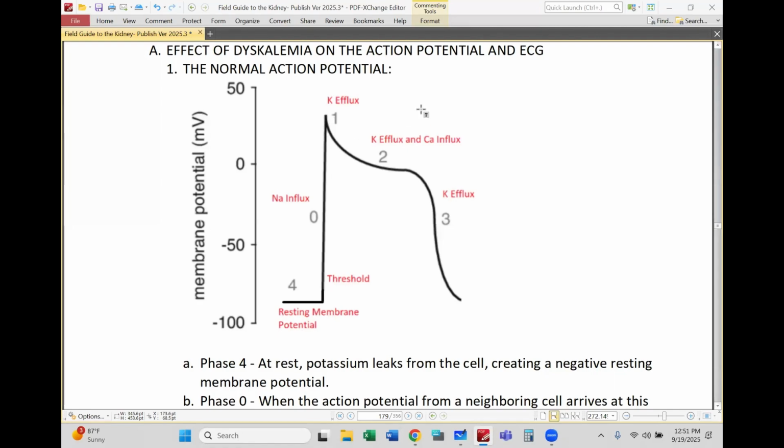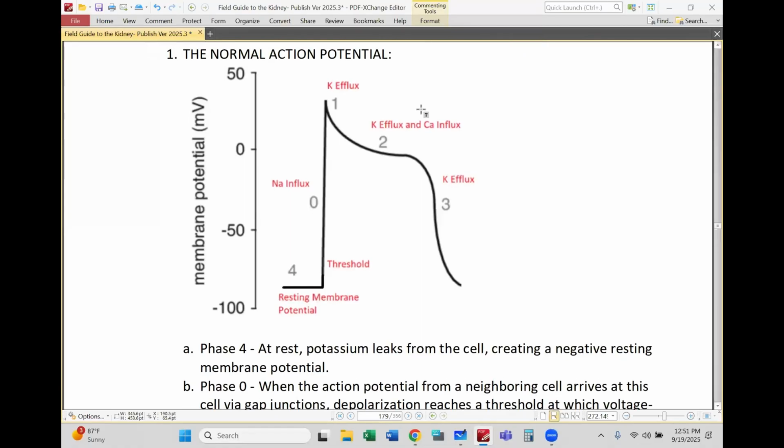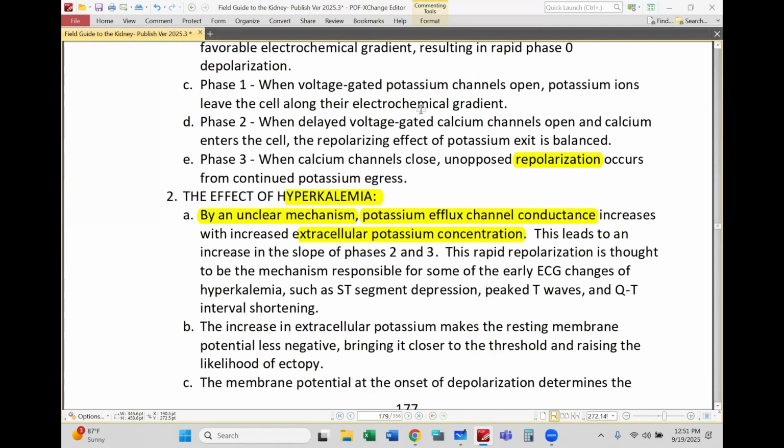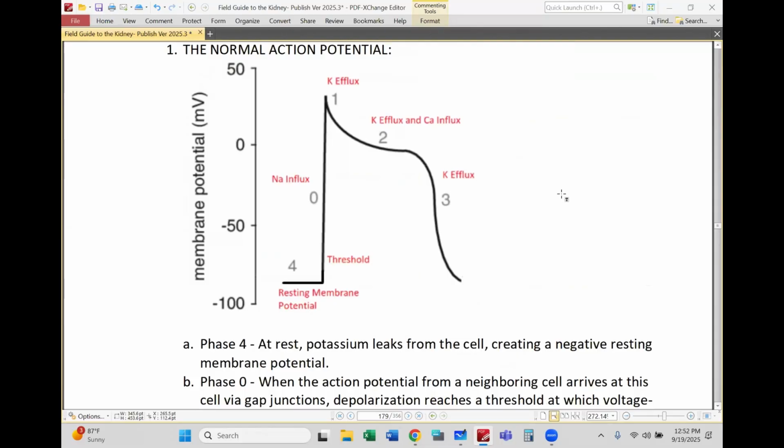So the only way to make this make sense is that the K conductance increases. That increases repolarization. It makes that T wave peak. Because otherwise, an increase in ECF K should result in a less favorable gradient for efflux of K.